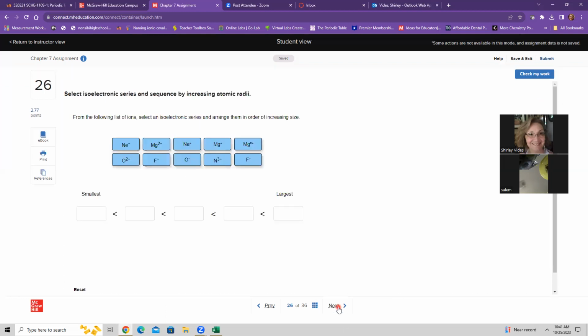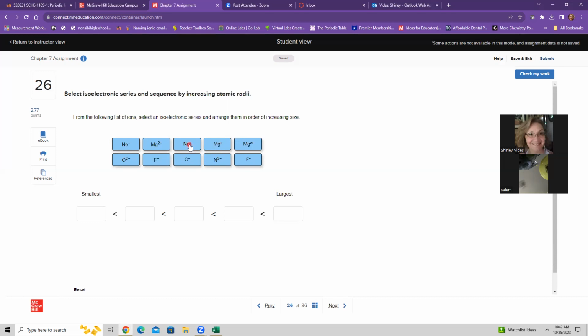All right, isoelectronic series. Remember? That means they all contain the same number of electrons, which is annoying. Then you have to put them in order of increasing size. This one does not exist.